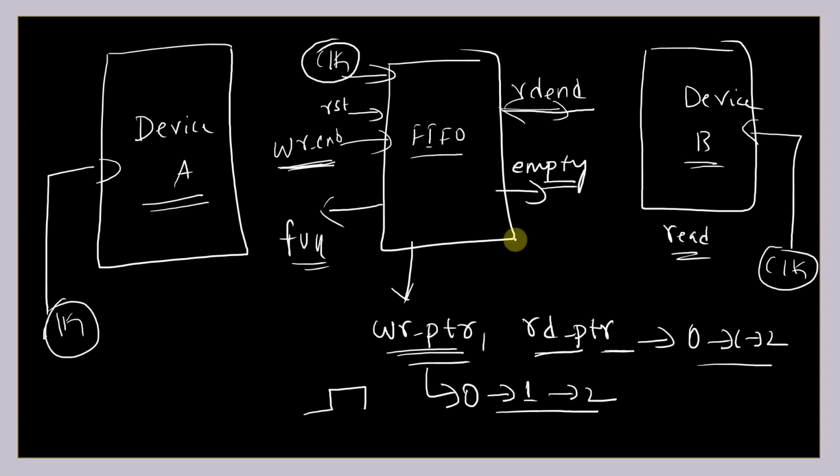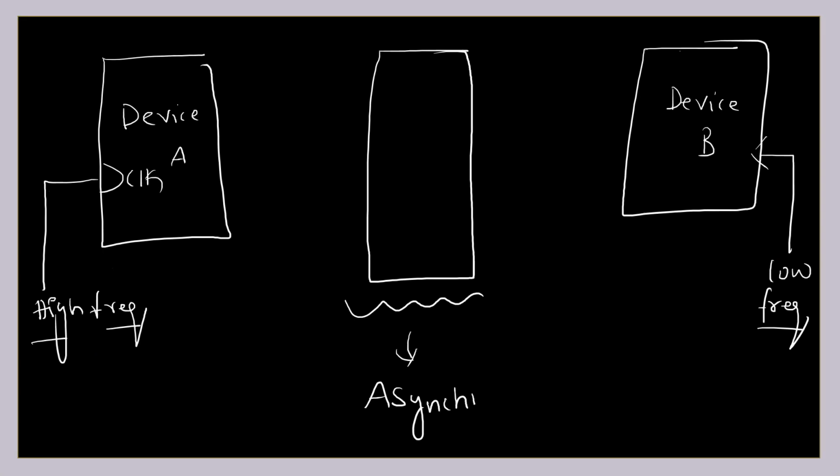So there was no problem at all. But in the case of this particular scenario where device A is having a high frequency clock connected and device B is having a low frequency clock connected, which clock should we make the write operation and the read operation happen with respect to? That we should select, right?